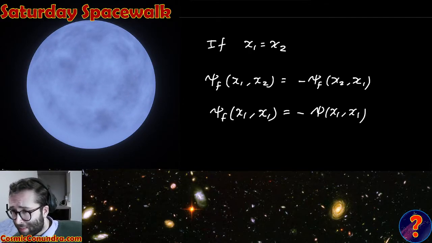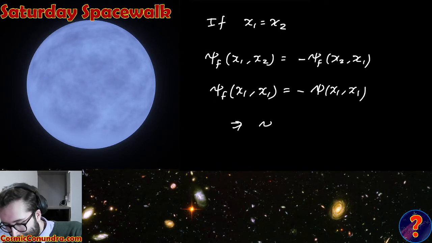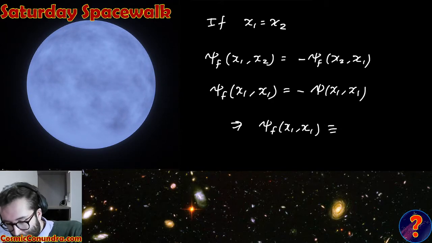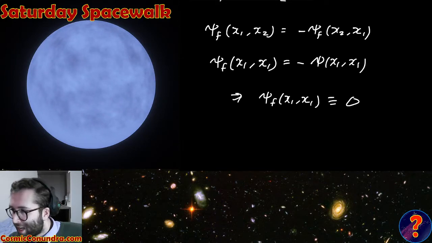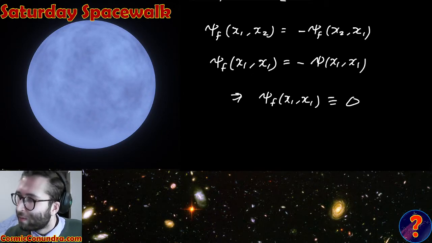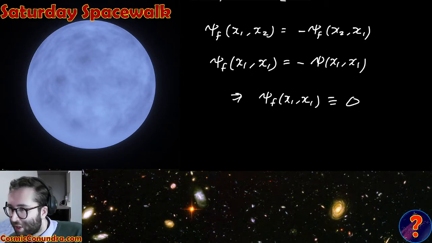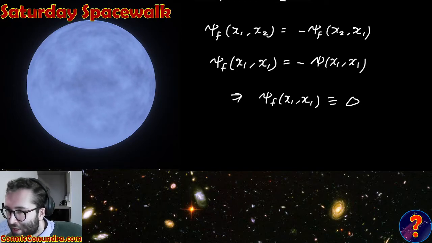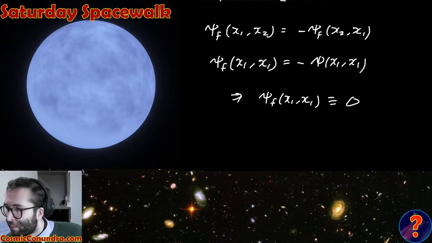And if something is equal to minus itself, this means that the thing must be identically zero. Okay. So the fermion wave function of having two particles at the same point in space is identically zero, which implies that you can't put these fermions right on top of each other. They can't be located in the same region of space. They have to be spaced out a little bit more.